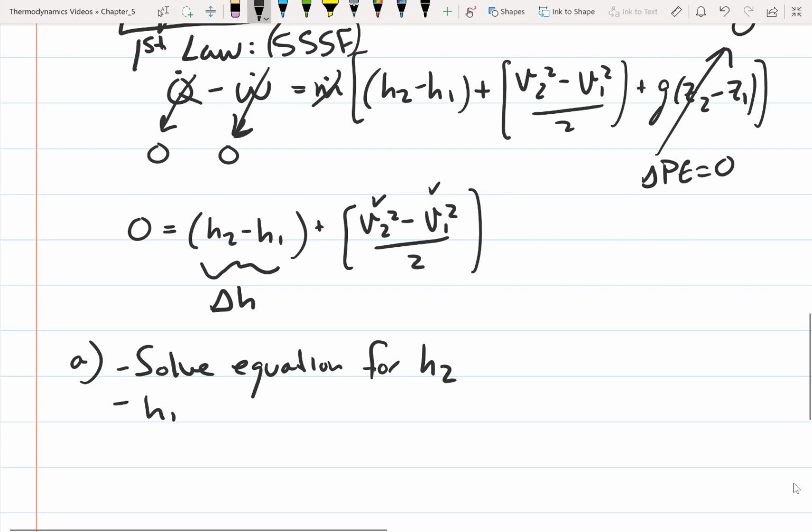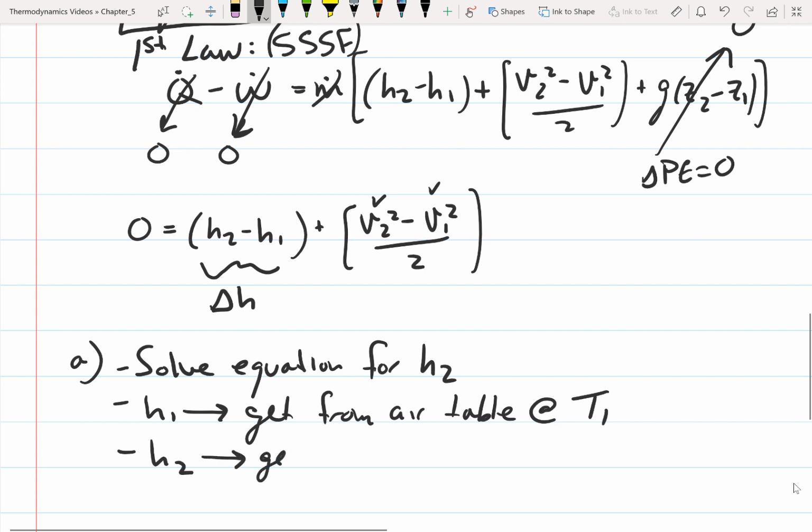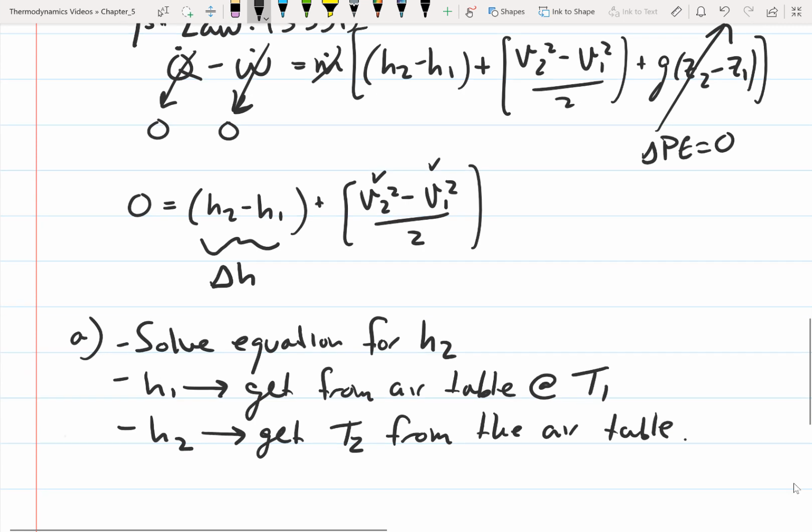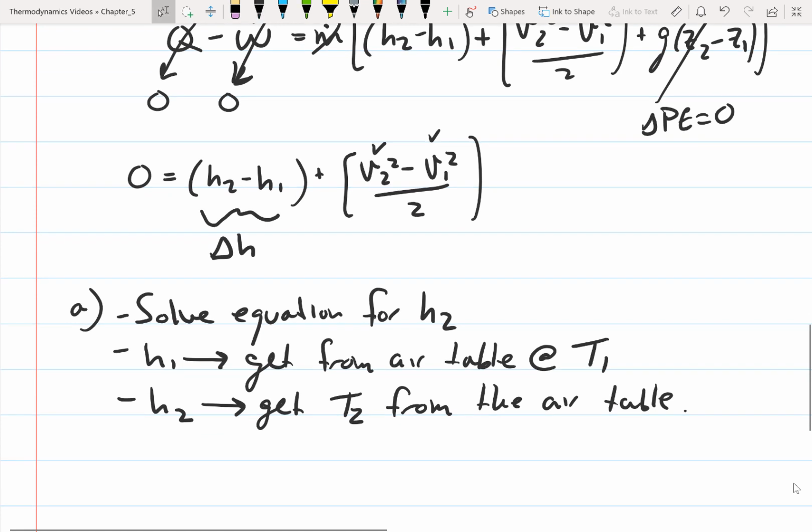H1 is the only parameter that we're missing, so we would get H1 from the air table at T1. Once we have H2, so we solve this equation for H2, then we get T2 from the air table. So these are the steps we can take to get the temperature at the outlet from this equation.